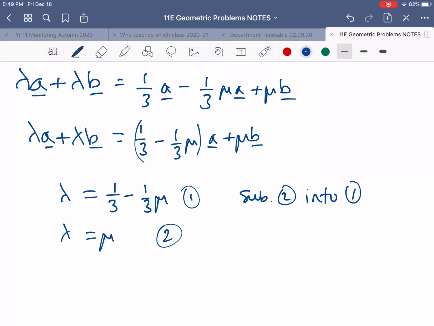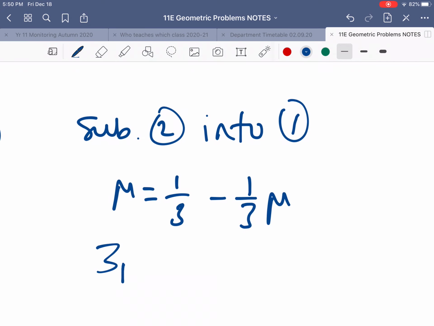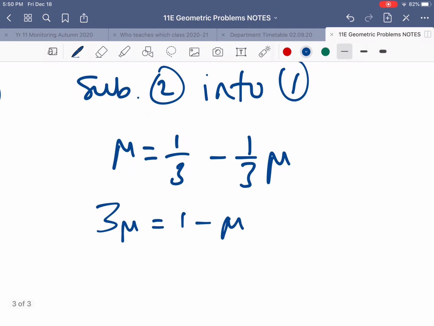So I end up with mu instead of the lambda is equal to a third minus a third mu. I'm just going to times by 3 to get rid of the denominators, rather than dealing with fractions. So I get 3 mu is equal to 1 minus 1 mu. So add mu to both sides.